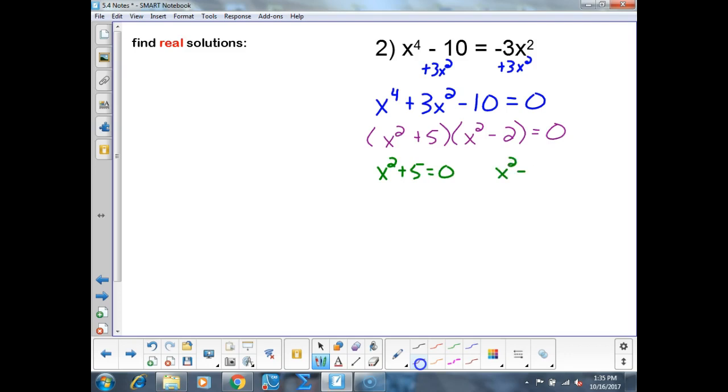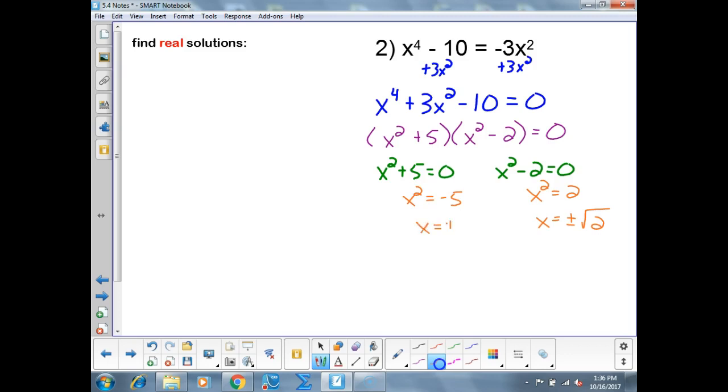X squared minus 2 equals 0. X squared equals 2, so x equals plus or minus the square root of 2. X squared equals negative 5, so x equals plus or minus I times the square root of 5.